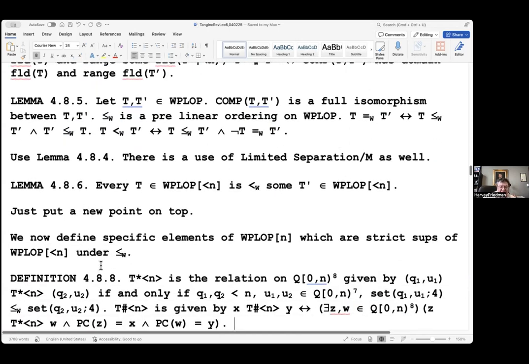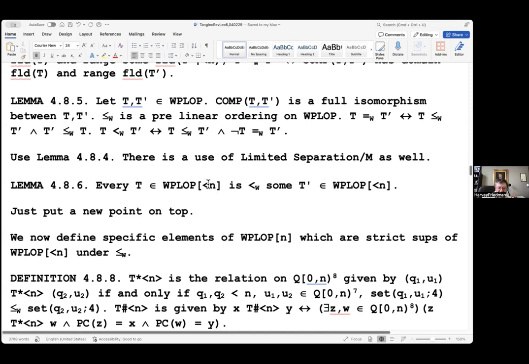Now, every one of these well-founded gadgets below n is less than W something below n. And this is very easy because you can put something on top and there'll be plenty of things that you can use to put on top that you know are okay. And you will stay below n.